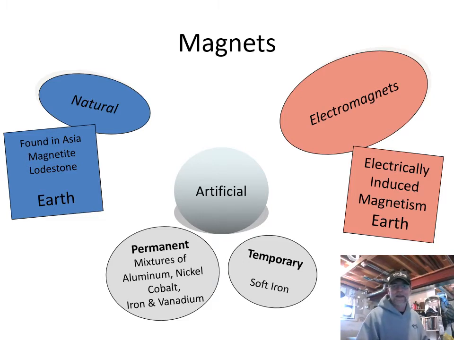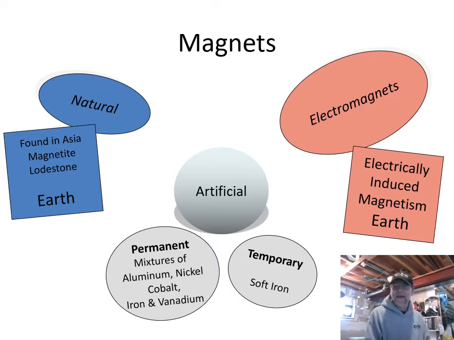On the other hand, we have temporary artificial magnets like soft iron, and they remain magnetized for a short period of time. Now we might be talking minutes or days or weeks. So there's a fairly broad range in terms of labeling temporary or permanent, but it's a question of retention. How long does the material retain its magnetization after it's been magnetized?